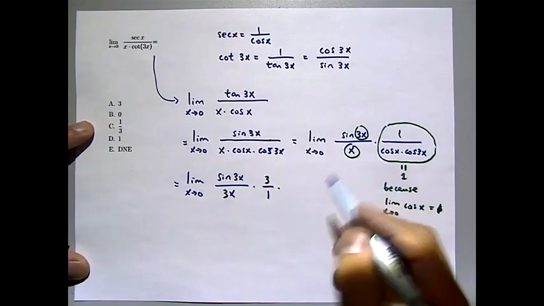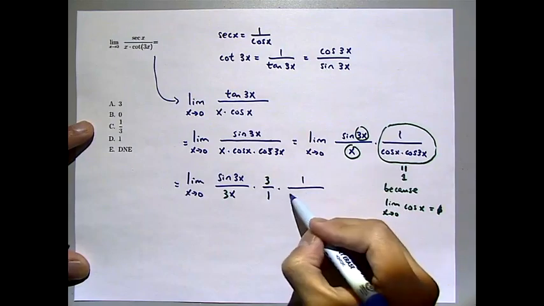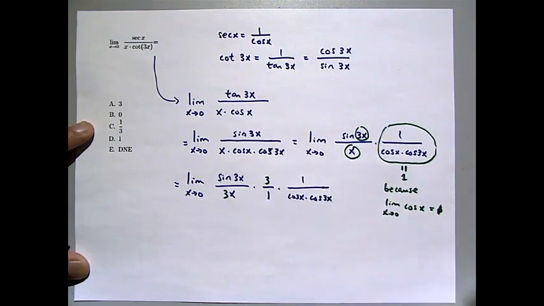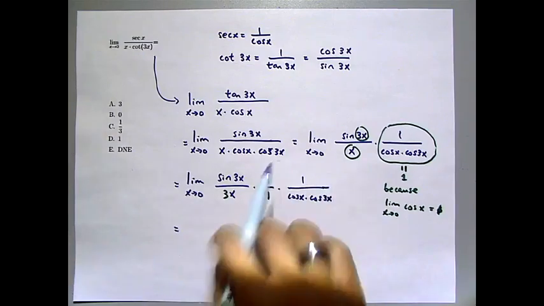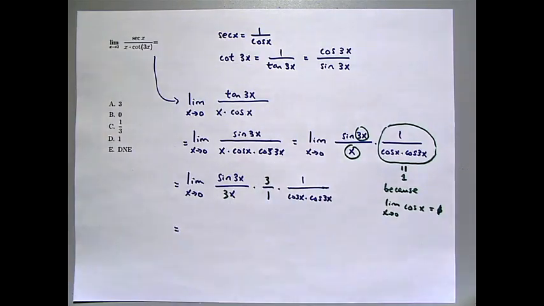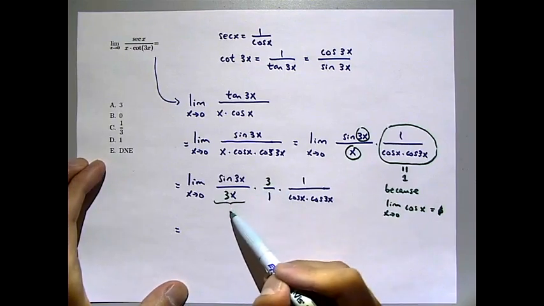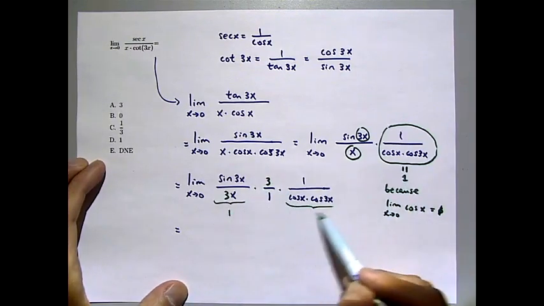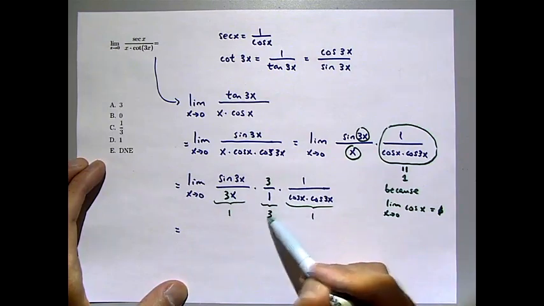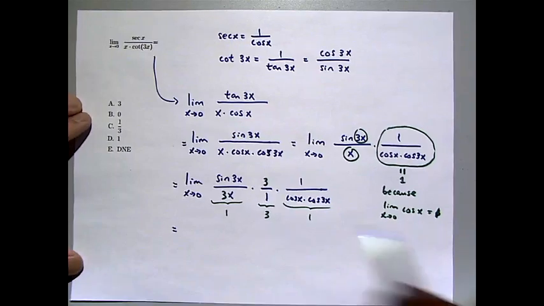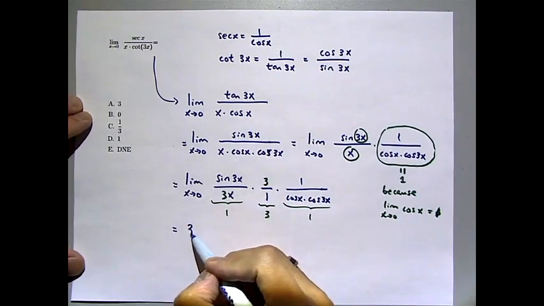And then we got this thing here that's really not doing anything. Okay, so now when x goes to 0, this guy goes to a 1. This is already a 1, and that's a 3. And the limit, therefore, is 1 times 3 times 1. In the end, we get a 3.